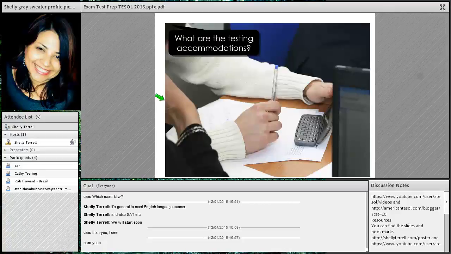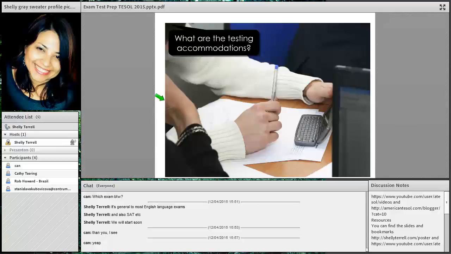Now, if they're going to take a test that's for students in general, for example, if your language learners are taking an SAT test, or an ACT test, or something for students who are native speakers, then it's important to know whether there are testing accommodations for them.